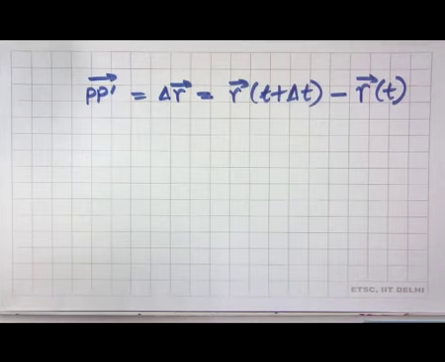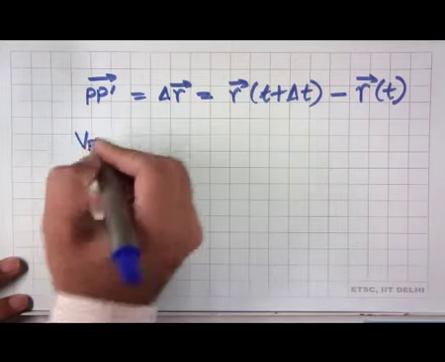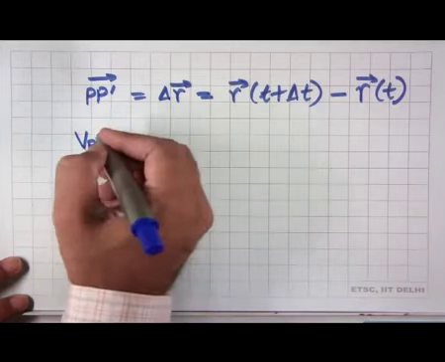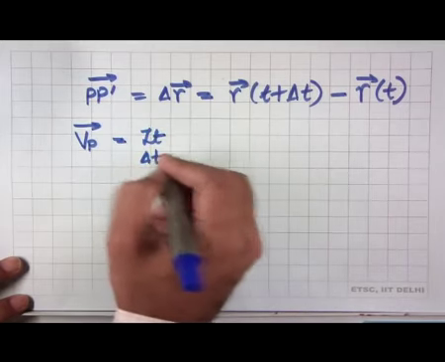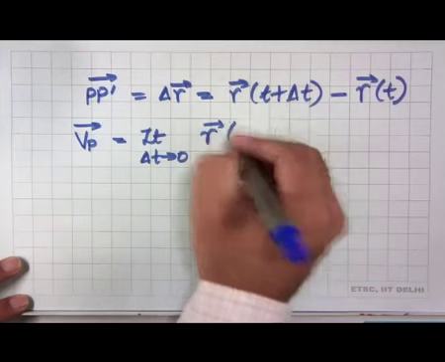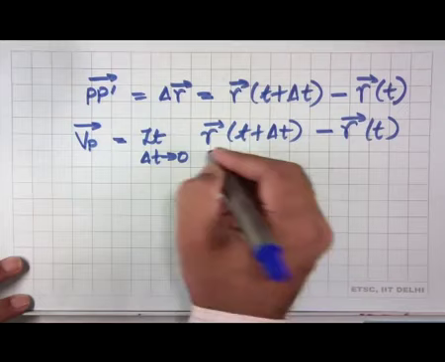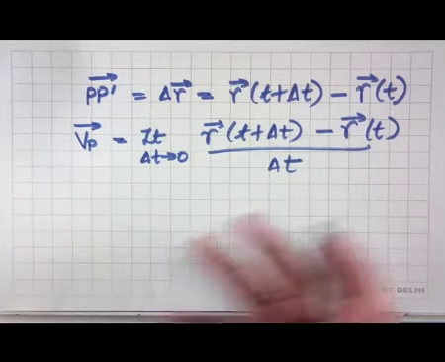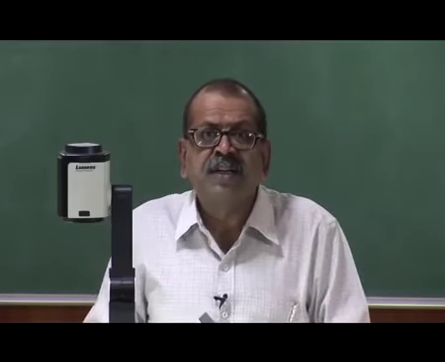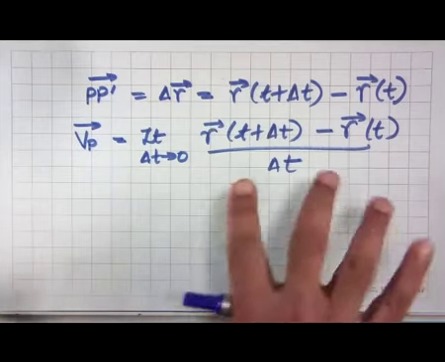And what we have seen is that the instantaneous velocity of a particle at the point P is defined as limit delta t going to 0, r at t plus delta t minus the vector r at t divided by delta t, which we also know is equal to the derivative of the vector r.